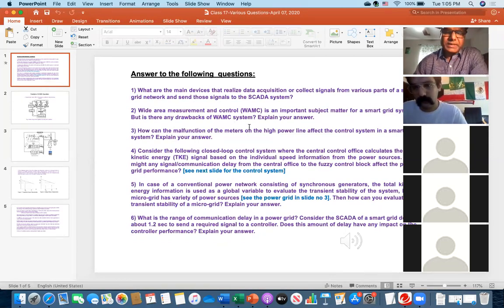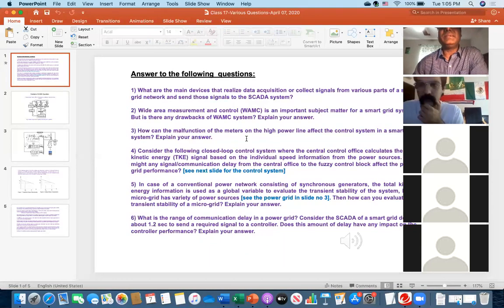So you know that wide area measurement and control, what does that mean? Smart grid or even the conventional power grid is hugely interconnected. For example, in the United States, the power grid is highly interconnected. All systems are not located in any specific place. It is scattered, but they are all interconnected.